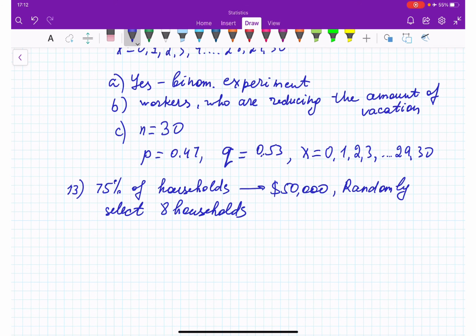Find the probability that the number that says they would feel secure is exactly 5. X is equal 5. And then more than 5. And then less or equal 5.